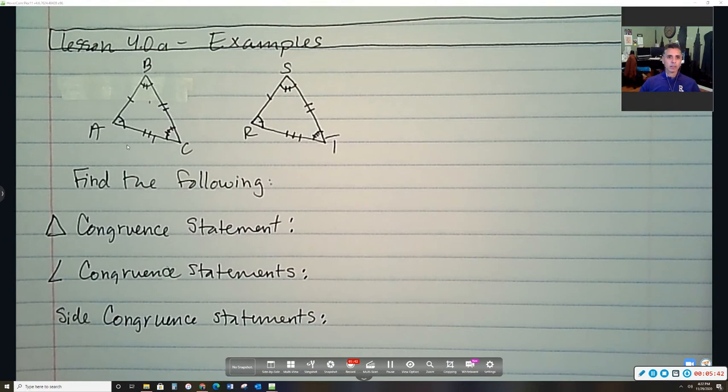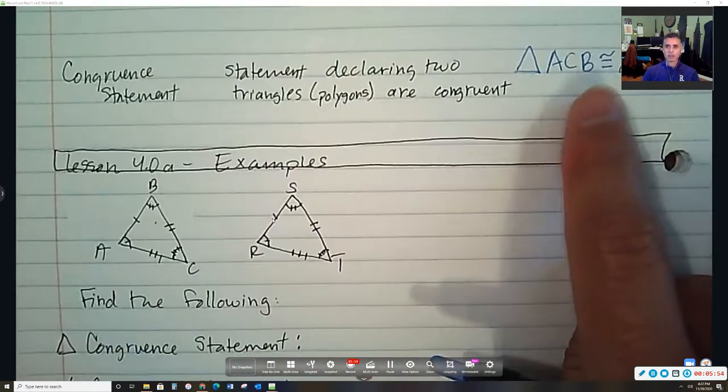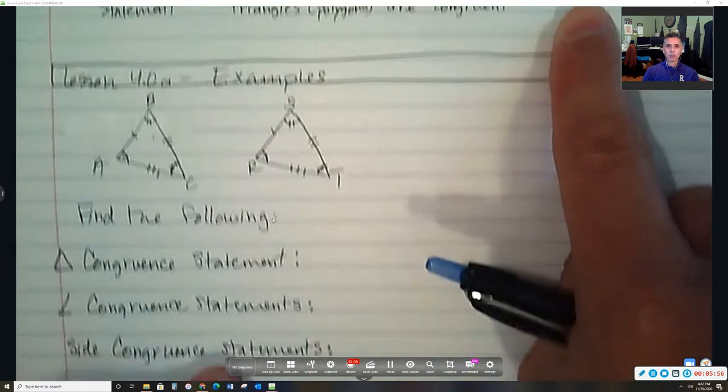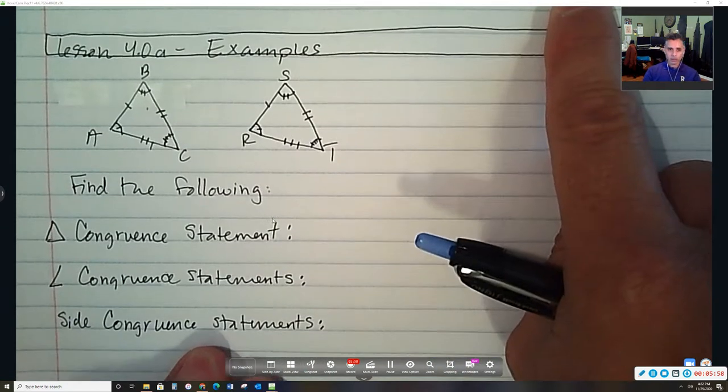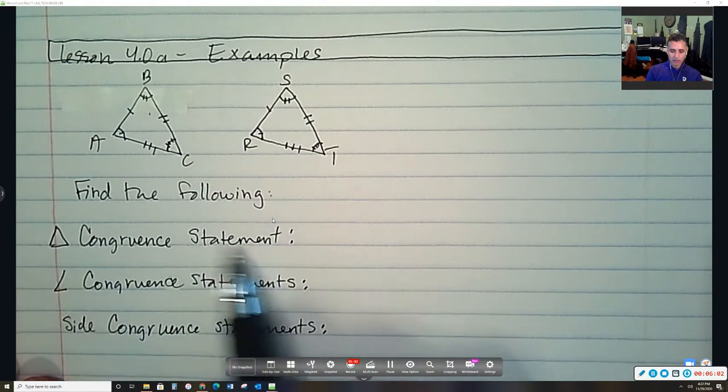Okay, so for these examples, hopefully you're copying that. For these examples, just find the following. And I have two triangles there. It says first, write a congruence statement. And then this right here is a congruence statement. So first you want to say one triangle is congruent to another. So I'm going to first write a triangle congruence statement.